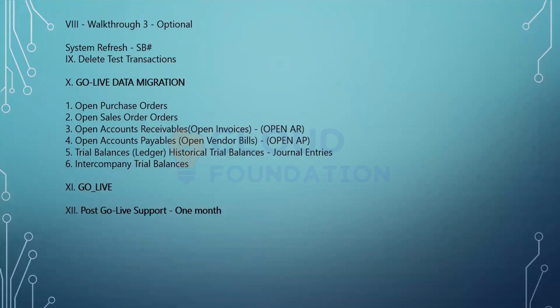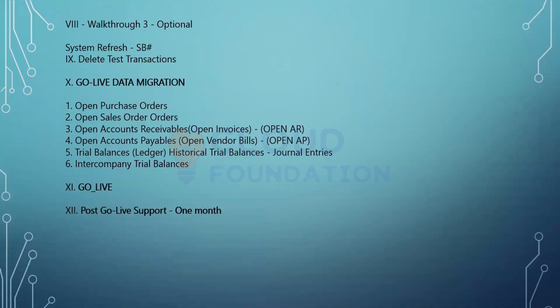So before I talk about the system refresh, there are two things. One is a production account and there is a sandbox account. All these things are actually done in the production directly. What are test transactions? The UAT test cases and everything are done on the production itself.